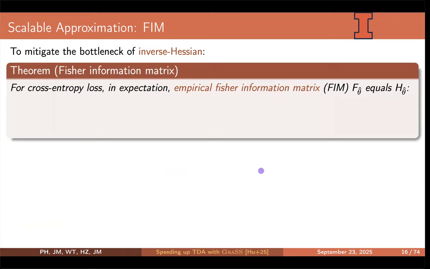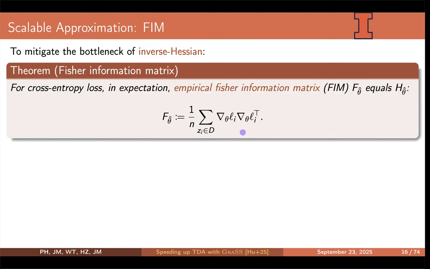The theorem tells us that if we are training our model using cross-entropy loss, then in expectation, the empirical FIM, or Fisher information matrix, will equal our Hessian, where the Fisher information matrix is the outer product of the per-sample gradients, averaged over all of them. You can think of this as measuring the covariance between the per-sample gradients.